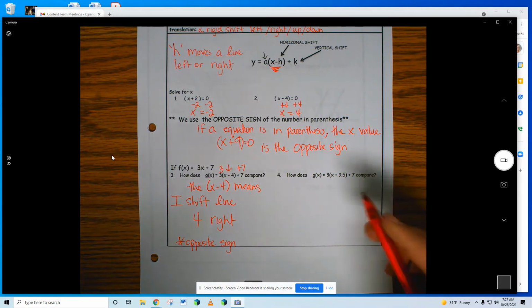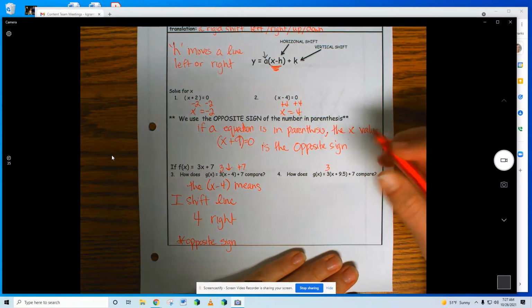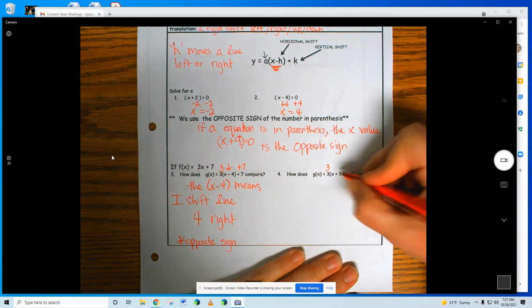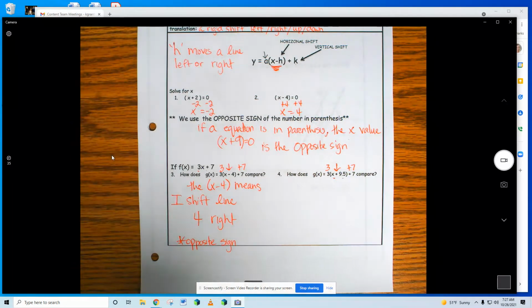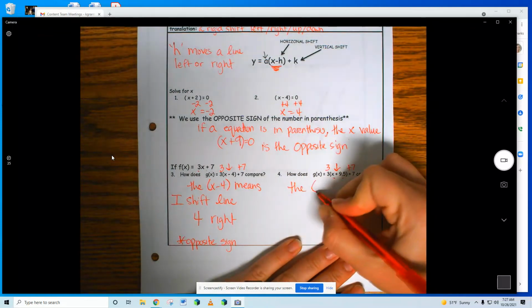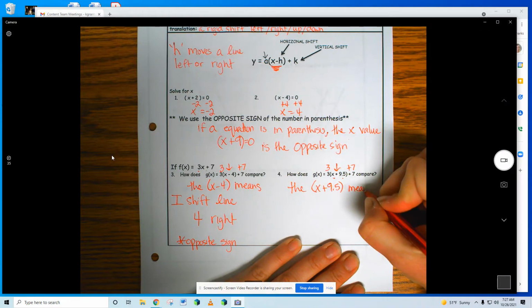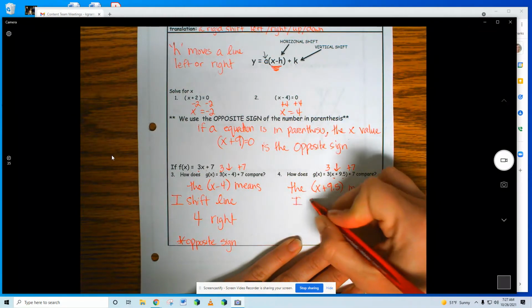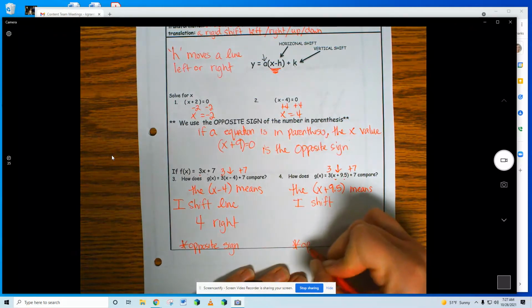Okay, now this one. Instead of x minus 4, it's going to be 3 times the quantity x plus 9.5, plus 7. What is this movement? The x plus 9.5 means I shift what? It's still the opposite sign.